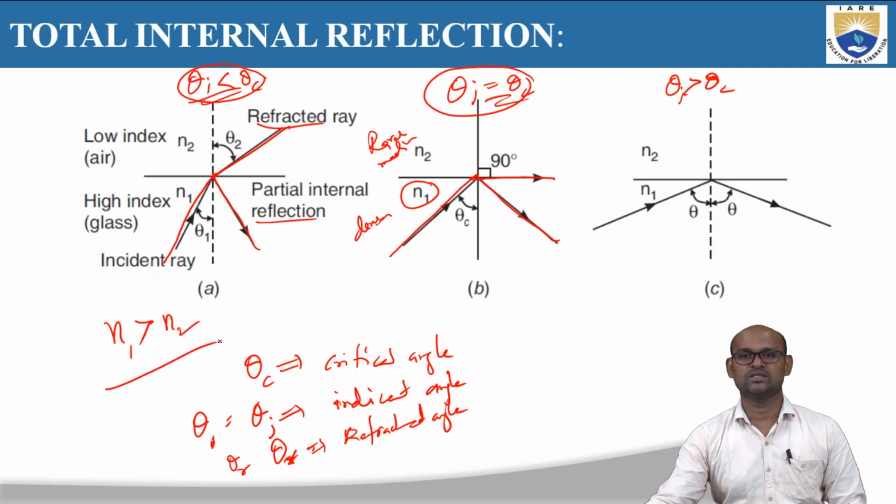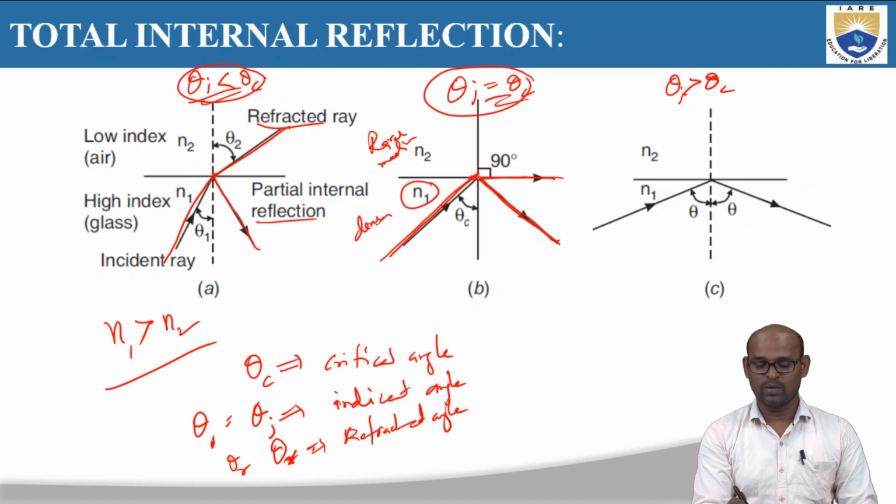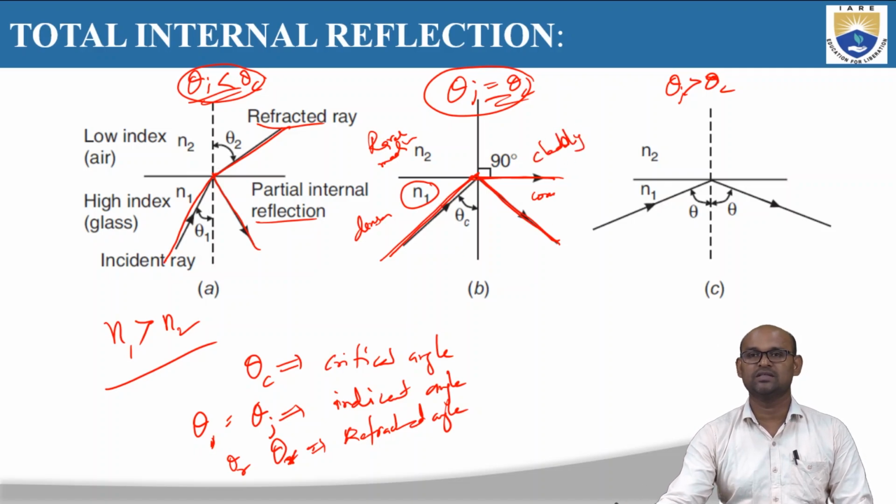So n1 is always greater than n2. When theta I equals theta C, the launched light undergoes reflection, while partial light grazes at the interface between core and cladding. We will discuss what core and cladding are. Basically, these are the two layers of which the optical fiber is made.